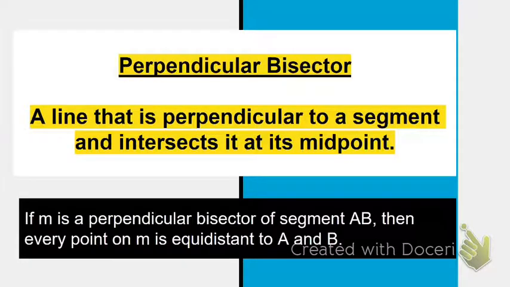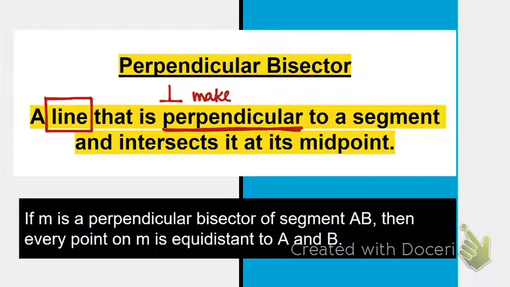Perpendicular bisector. A perpendicular bisector is a line that is perpendicular. What does perpendicular mean? Not parallel.